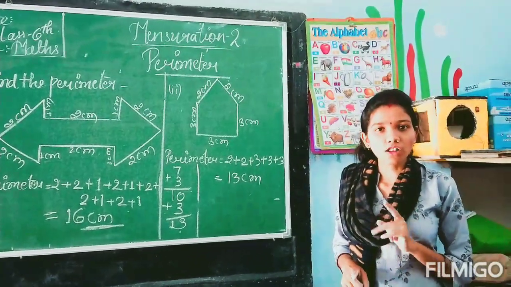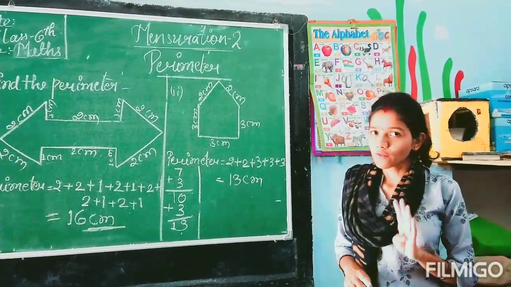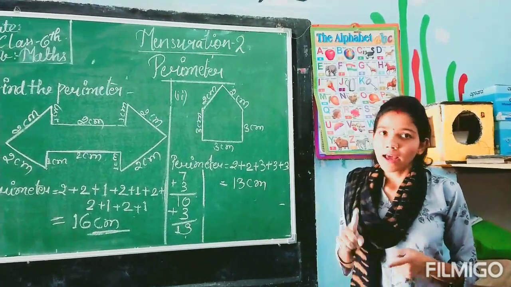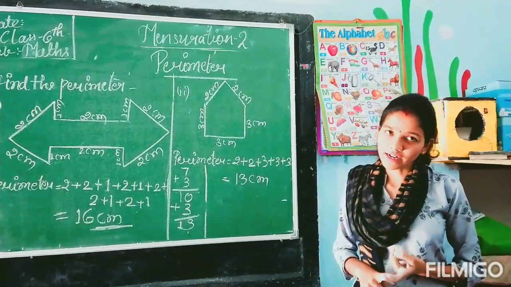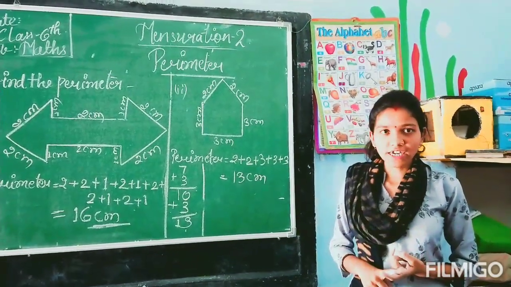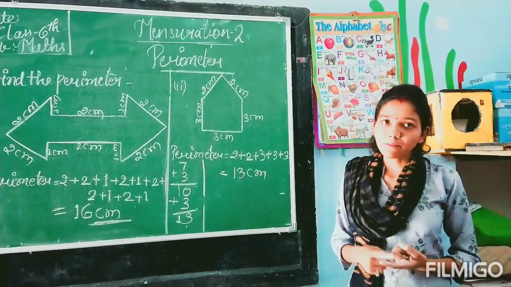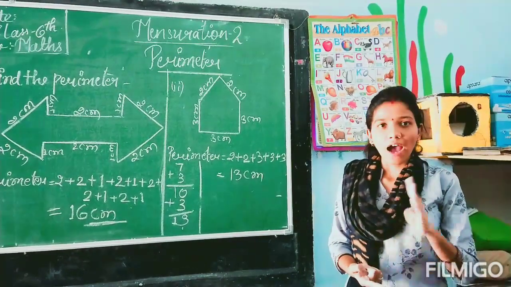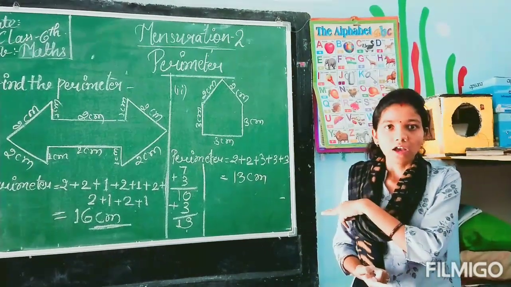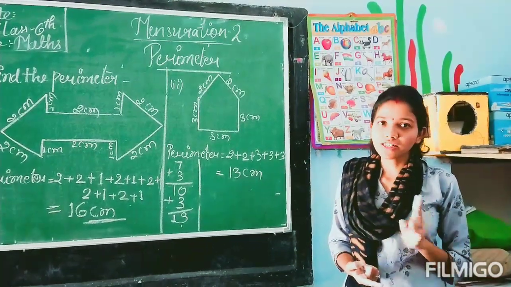Four formulas are there: area of rectangle, length into breadth; area of square, side into side; perimeter of rectangle, 2 into (L plus B); and perimeter of square, 4 into side. These are the 4 formulas in the 2 chapters. You have the questions in the PDF also.